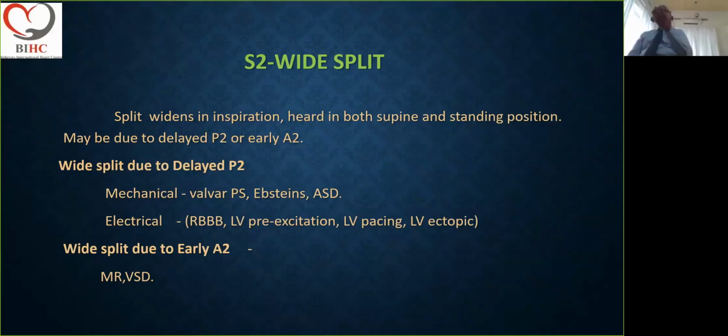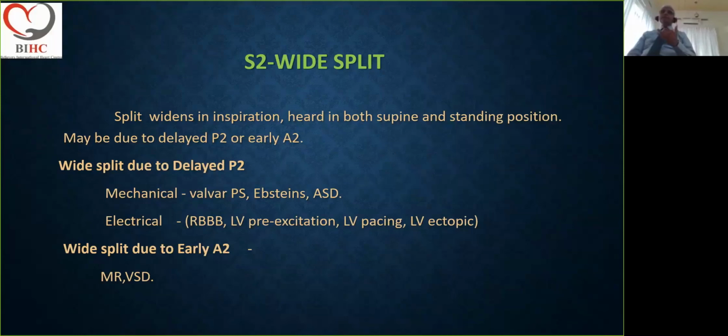If you give the LV a diastolic stretch, as with a mild or moderate mitral regurgitation or a small moderate VSD. Then you have an optimal diastolic stretch for the LV. LV contracts vigorously, completes its pumping earlier. So the A2 has occurred earlier, P2 is remaining the same place, and you have a wide split.